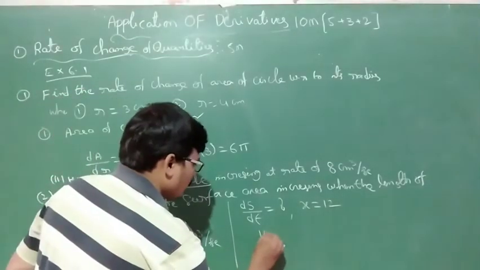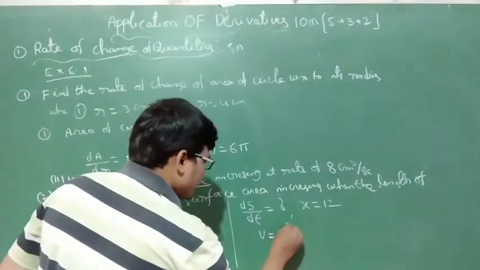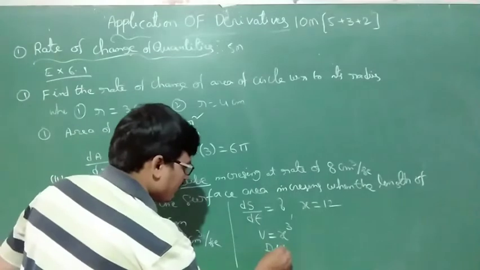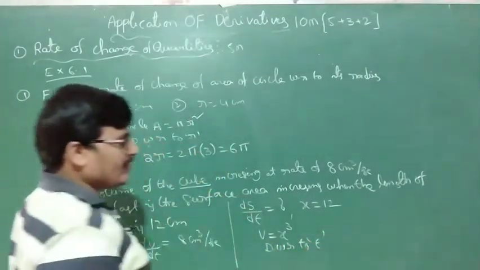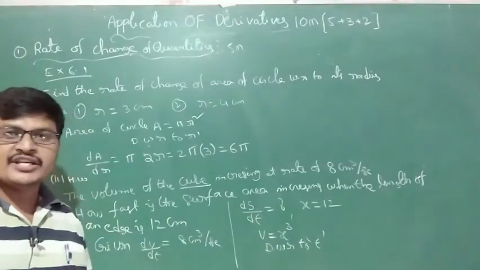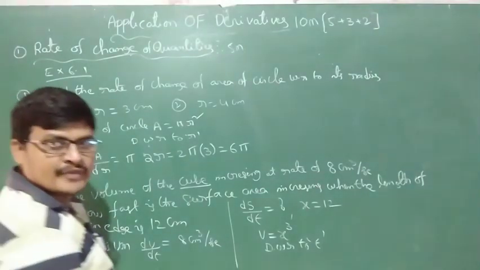So volume of the cube is x cube. Differentiate with respect to t, because rate of change, or increasing or decreasing, means with respect to t.